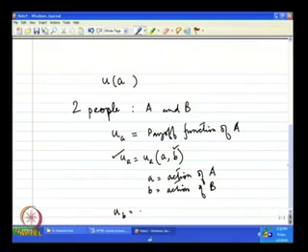And it can work the other way also. I mean, you have UB, which is a function of a and small b, which means the benefit that capital B is getting is affected by the action that he is taking, which is small b, but it is also affected by the action taken by capital A, and there we have an interaction.